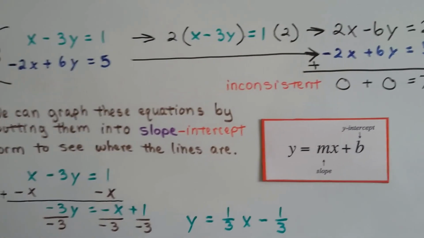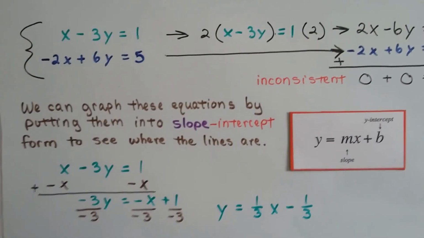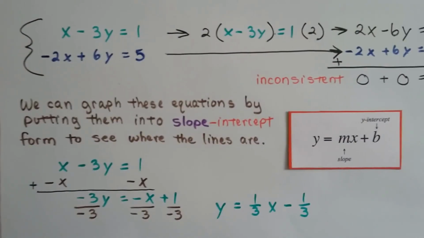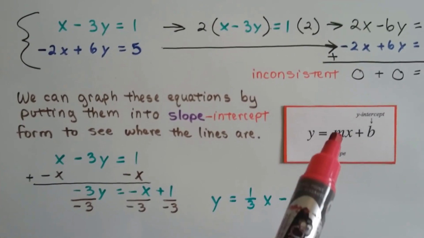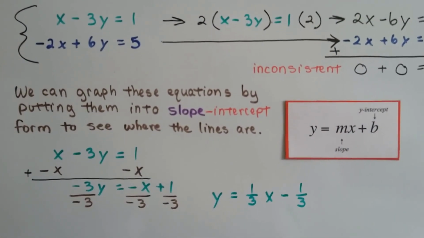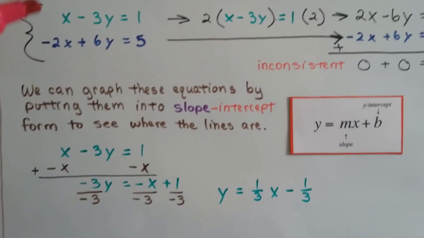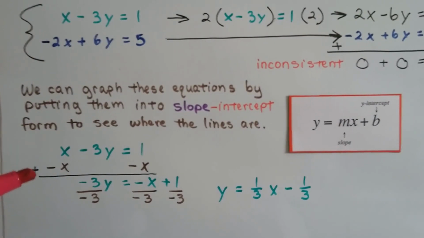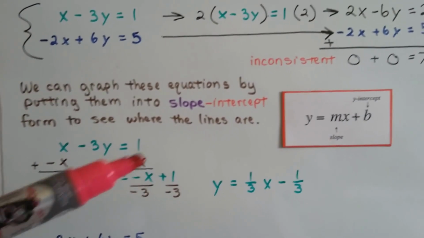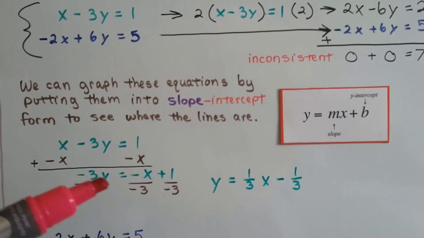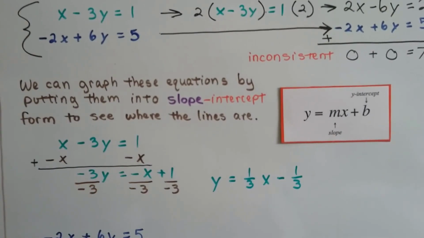We can graph these equations by putting them into slope-intercept form to see where the lines are. Remember, y equals mx plus b, and the m is the slope, and the b is the y-intercept, where it hits the y-axis. So we take this first one, x minus 3y equals 1, and we add a negative x to each side, and we get negative 3y equals negative x plus 1.